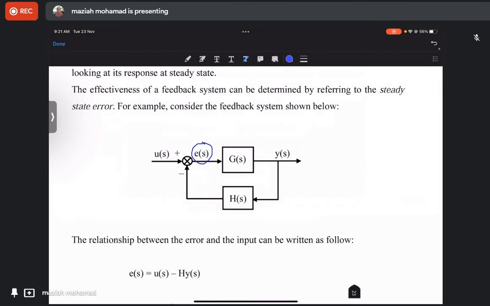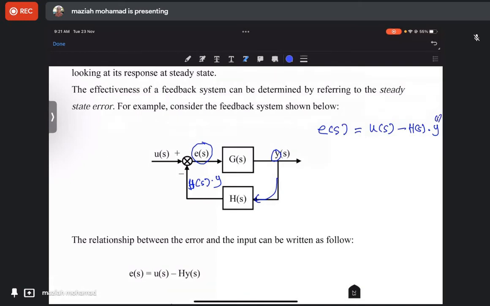We can write the error as the difference between U(s) minus Y(s) multiplied with H(s). So H in Laplace multiplied with Y(s).